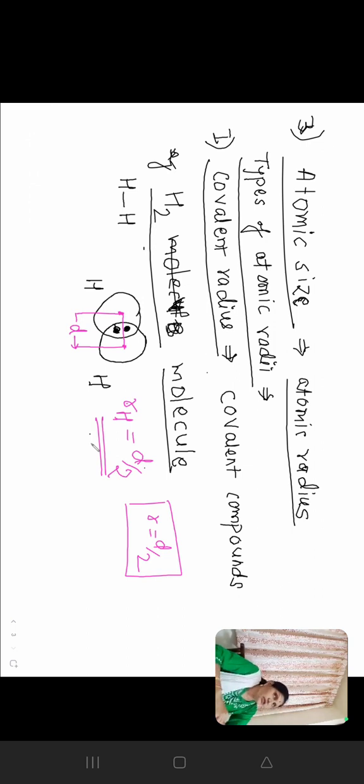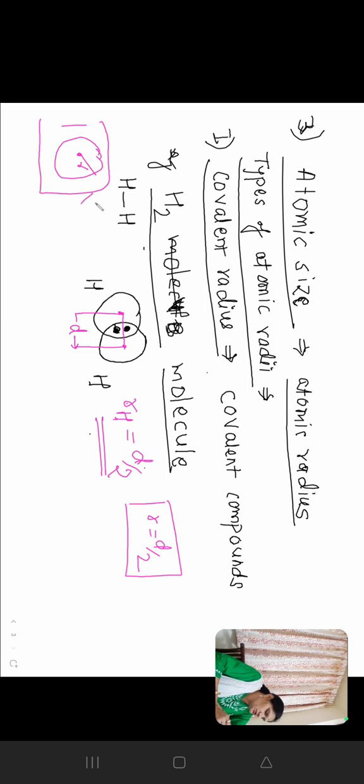Now you will say there is overlapping, so it is not the perfect radius. Suppose this is the hydrogen atom, so the radius is this, but there is overlapping. But the thing is that we can't measure the radius of a single hydrogen atom.